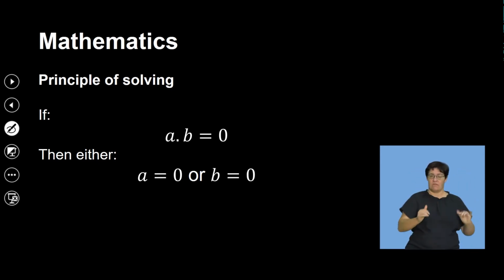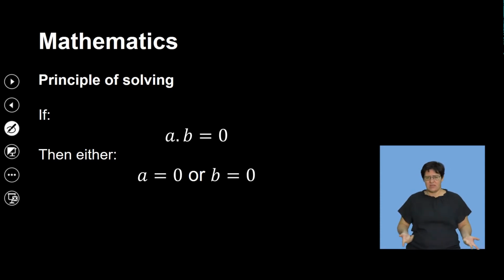The principle of solving says that if A multiplied by B is equal to 0, then either A is equal to 0 or B is equal to 0. Why is this the case?